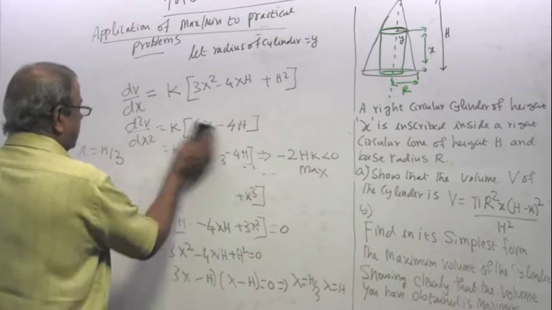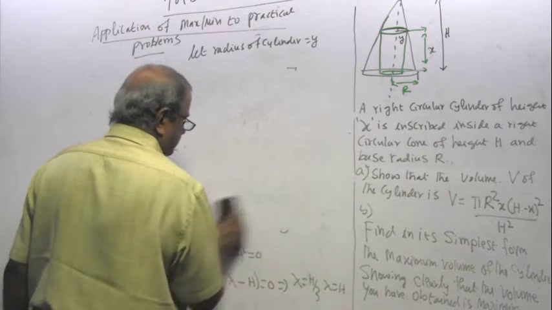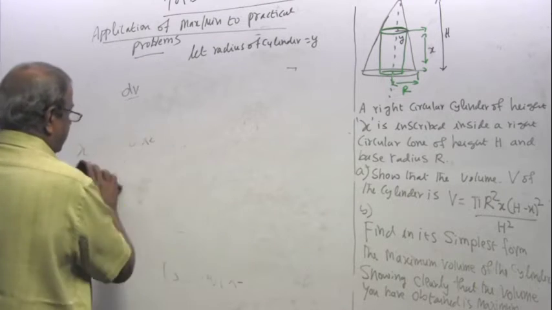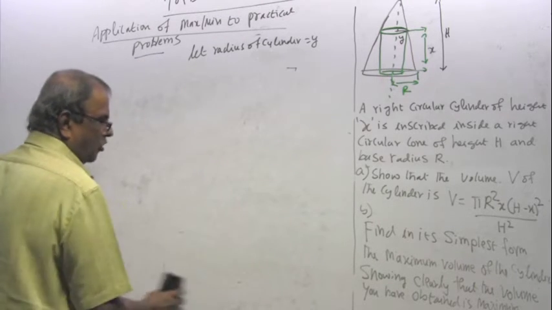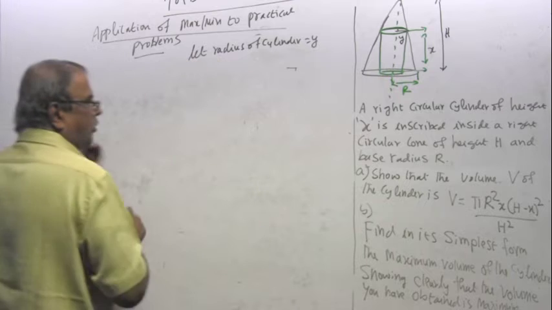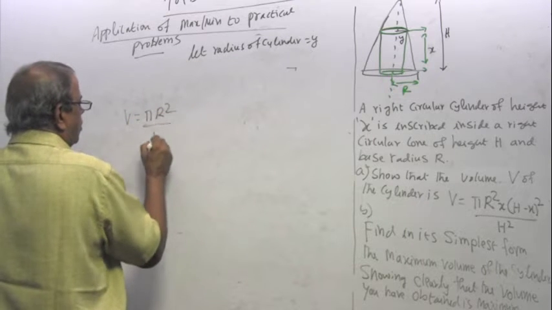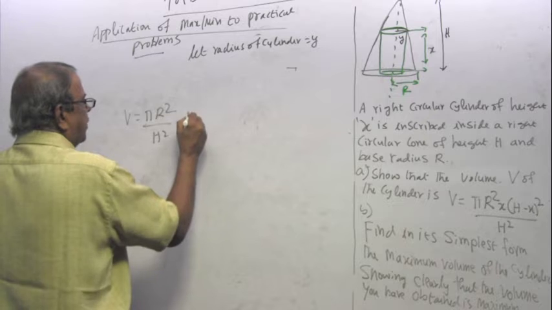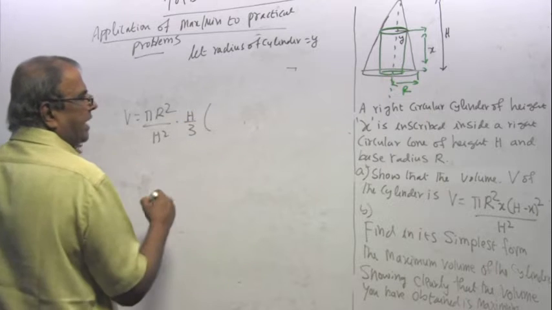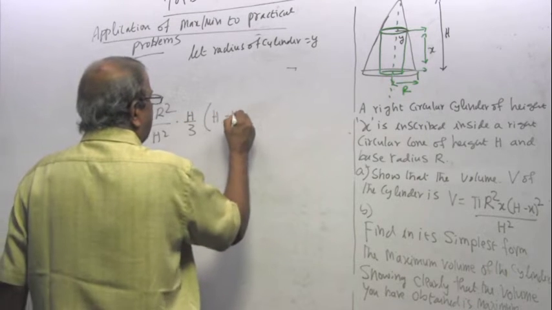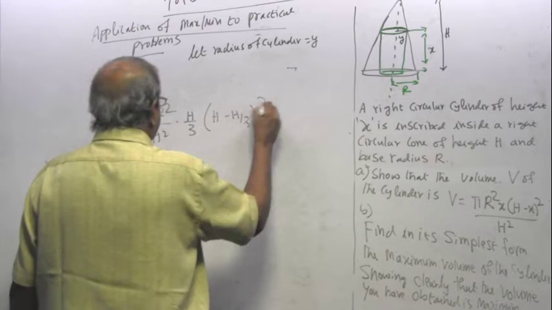So I need to find the maximum volume. x is h over 3. So the volume is equal to pi r squared over h squared times h over 3 times (h minus h over 3) the whole squared.